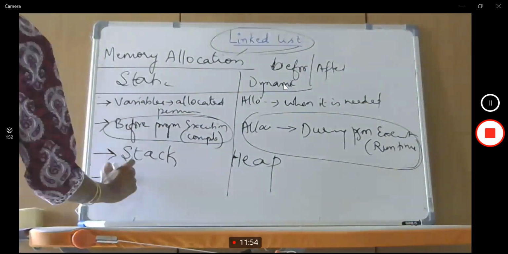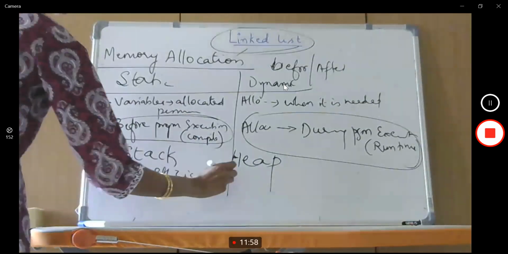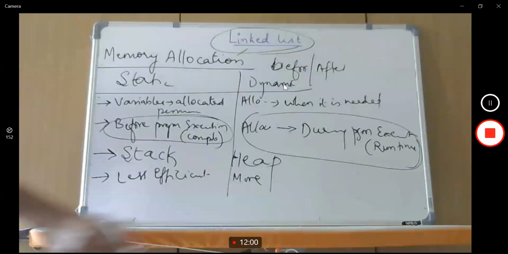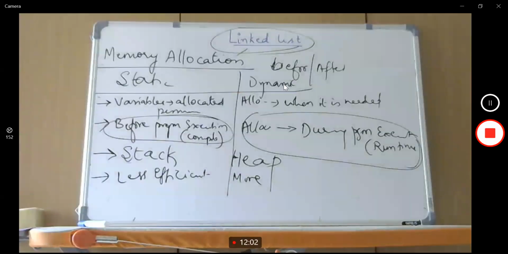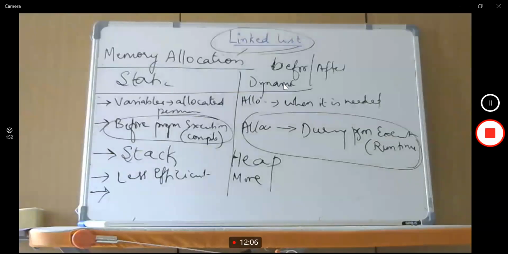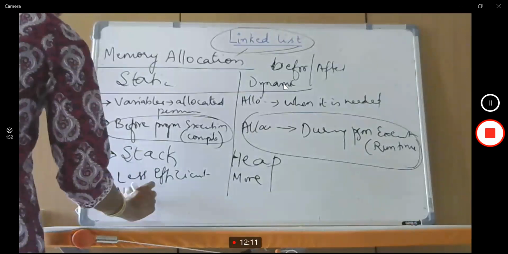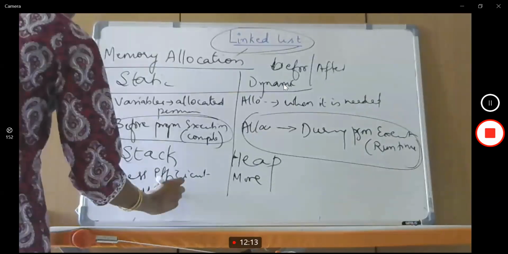Static memory allocation is less efficient, whereas dynamic allocation is more efficient. Right? Then one another important difference between static and dynamic memory is that there is no memory reusability.